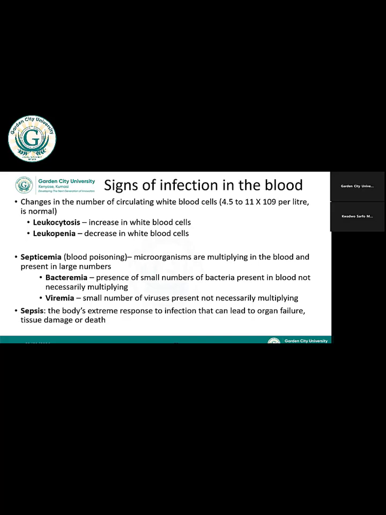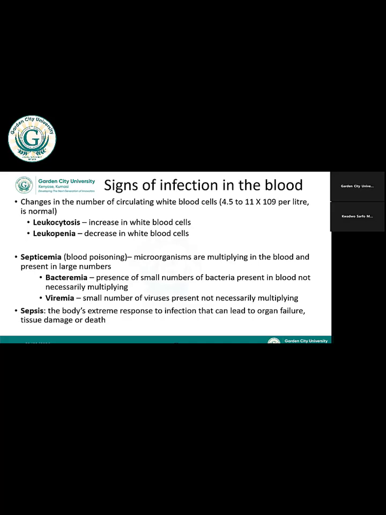But sepsis is different from septicemia. Sepsis is when you have the microorganisms infecting the host tissues or organs. And as it becomes more severe, the immune system also tries to fight back.